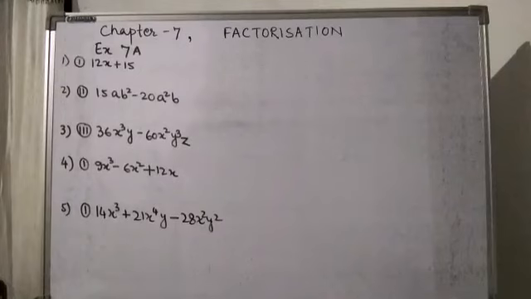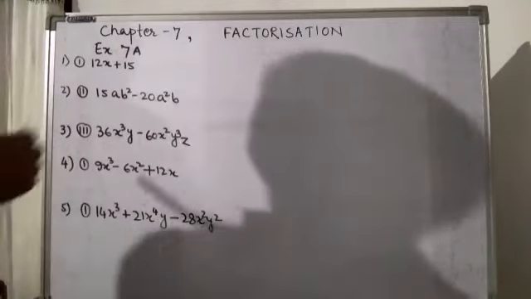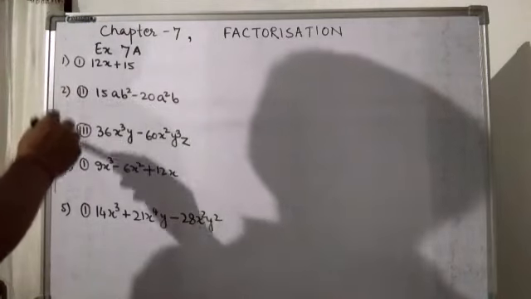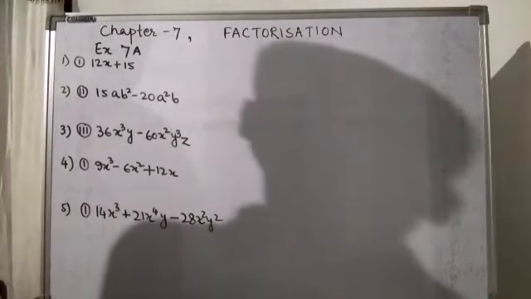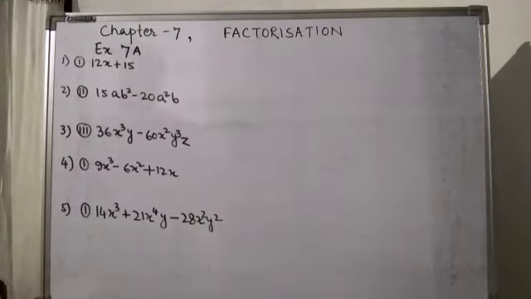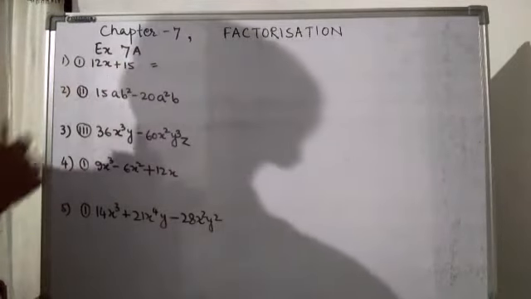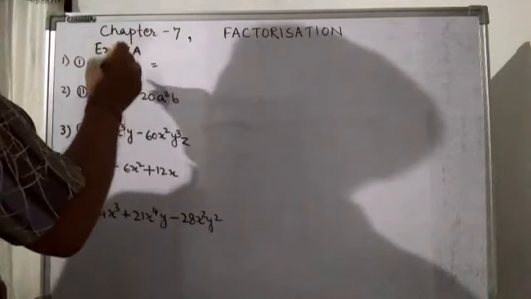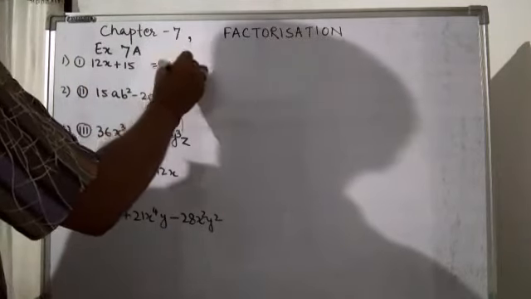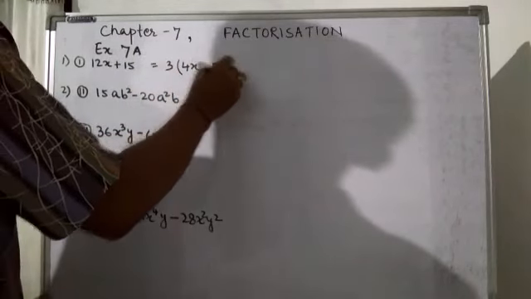Students, now we have to solve exercise 7a. The questions present in exercise 7a are question numbers 1, 2, 3, 4 and 5. Now the first question, that is 12x plus 15. Here we have to find the highest common factor of 12x plus 15, that is 3, and the other part is 4x plus 5.